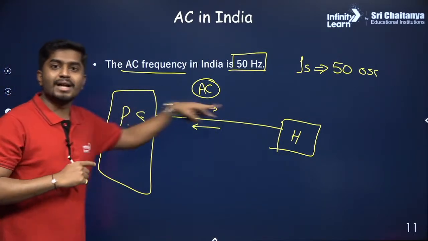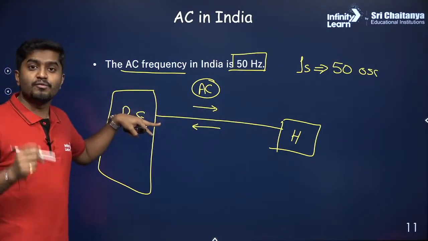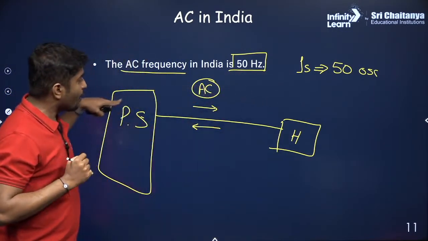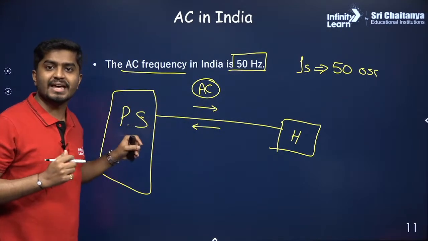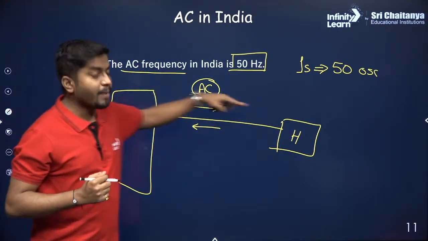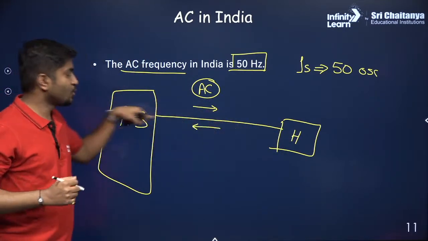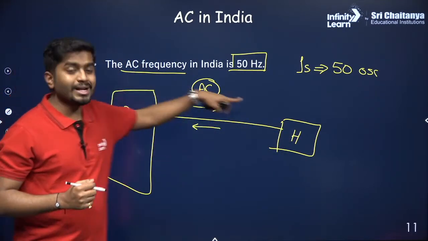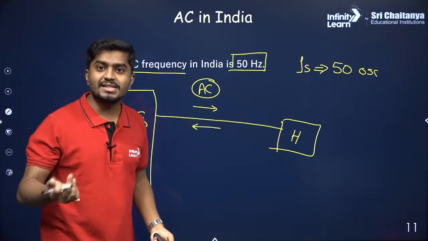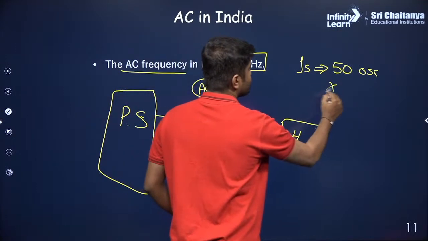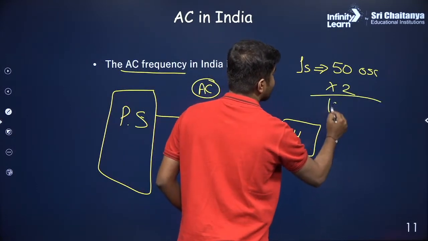That is one oscillation. So in 1 second, how many oscillations are there? 50 oscillations. So how many times does the current change direction? 50 times it is coming to our house, 50 times it is going from the house to the power station. So the total number of times the current changes direction is going to be 50 multiplied by 2, so that is 100 times.